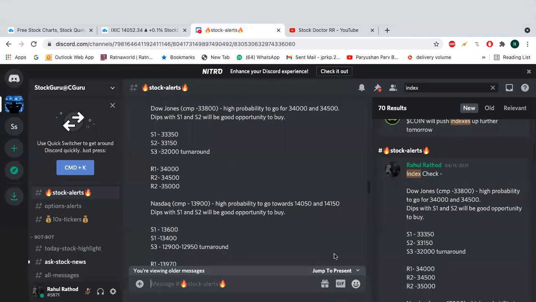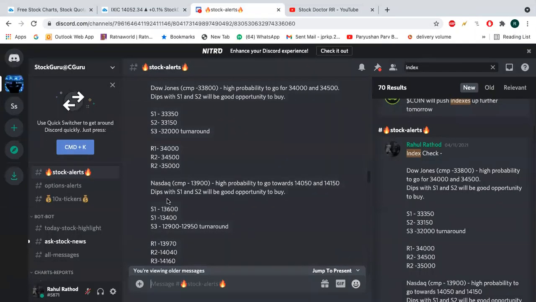So if you see here on the Discord, last week we mentioned that Nasdaq has a high probability to go towards 14,050 and 14,150. The Nasdaq was trading at 13,900 last Friday.